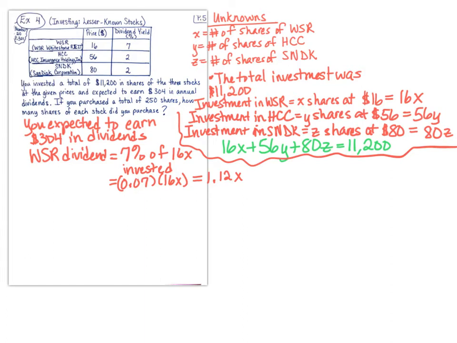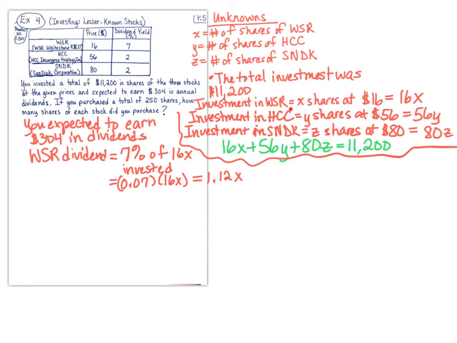Now we need to figure out our equations that correspond to this information, because we said you invested a total of $11,200 in shares of the 3 stocks at the given prices and expected to earn $304 in annual dividends. If you purchased a total of 250 shares, how many shares of each stock did you purchase? So the total investment was $11,200.